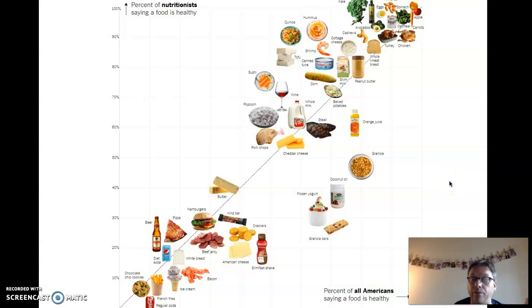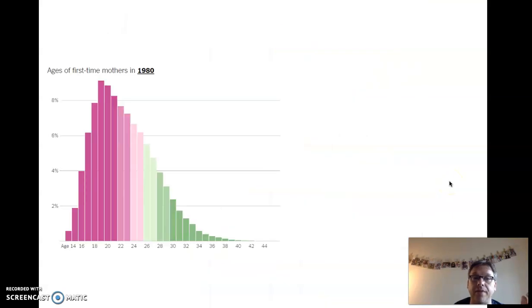Now, why is it important to be able to look at charts and graphs? Well, one of the reasons it's important is to compare them. This chart here talks about the ages of first-time mothers in 1980. So when mothers had their first child in 1980, you can see most, looks like maybe 9% or 10% of mothers, were around 19.